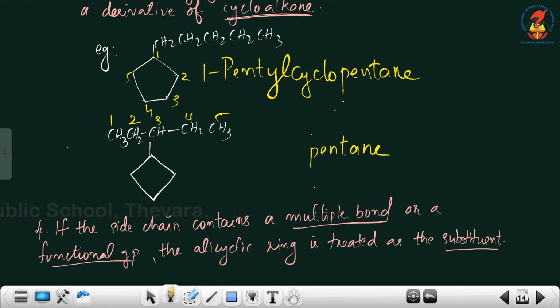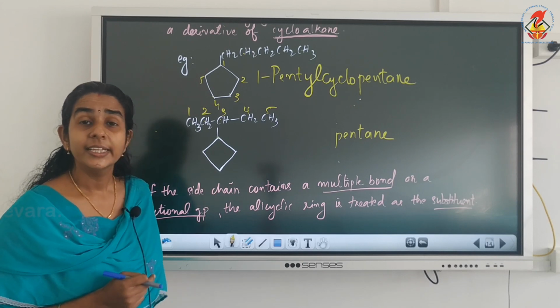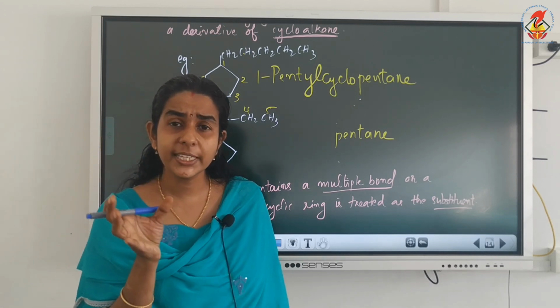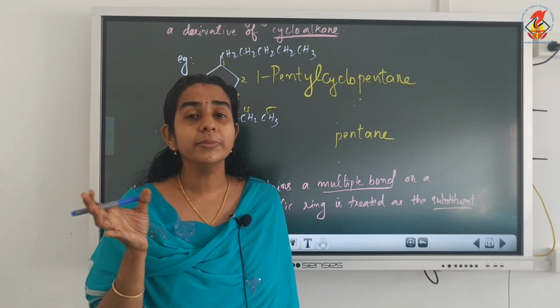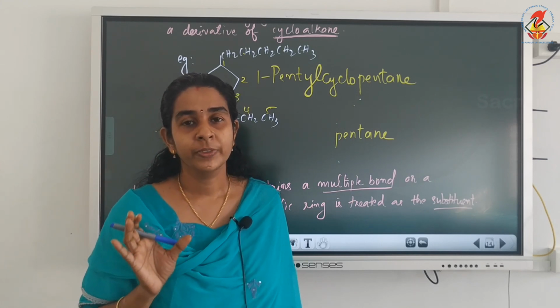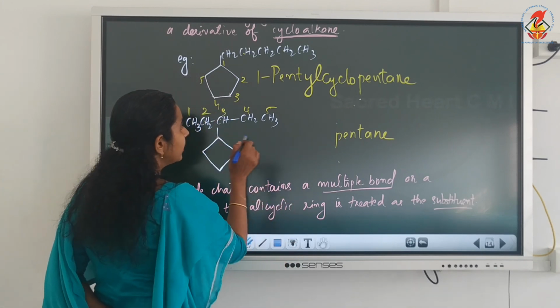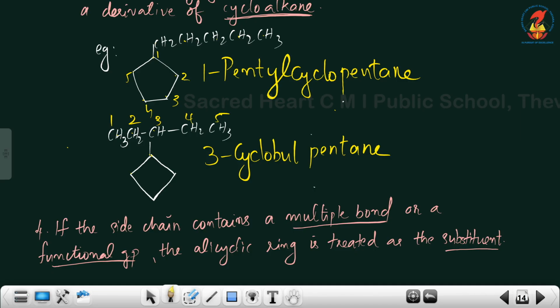On the third carbon we have 1, 2, 3, 4, which ring is that? Cyclobutane. When it comes as a parent, we call it cyclobutane, but when it comes as a substituent it becomes a cyclobutyl group. So on the third carbon we have a cyclobutyl group. So what is the name of the compound?